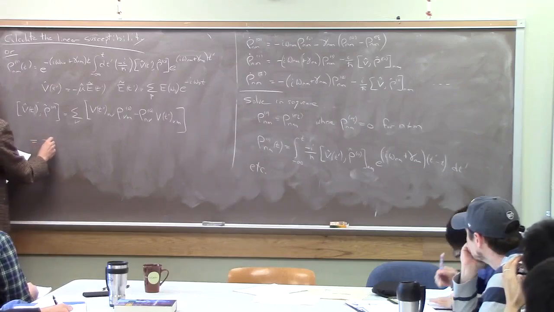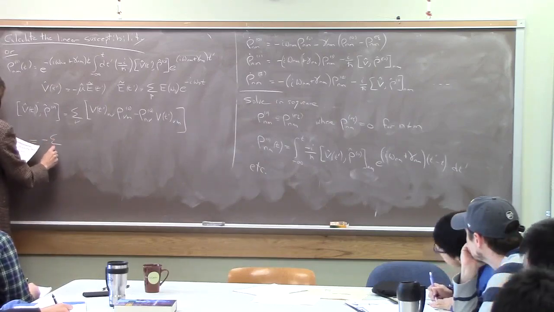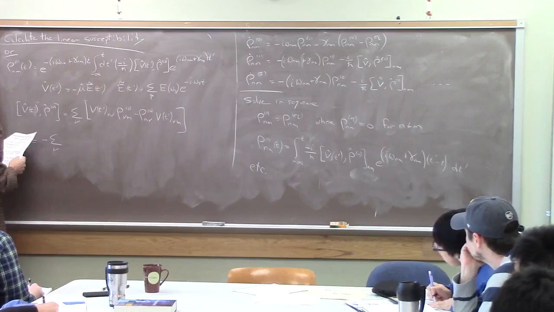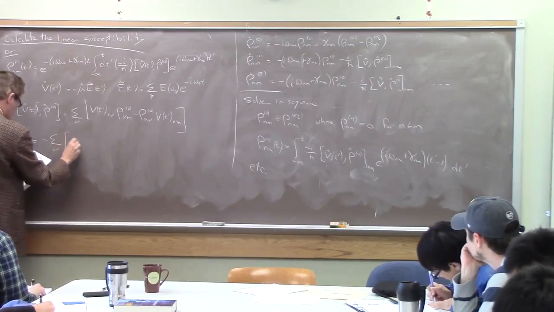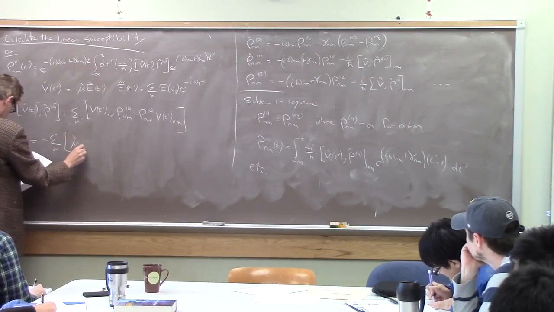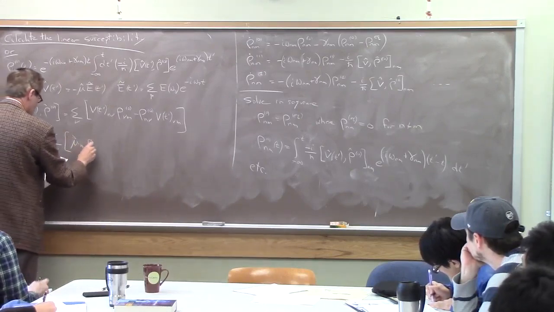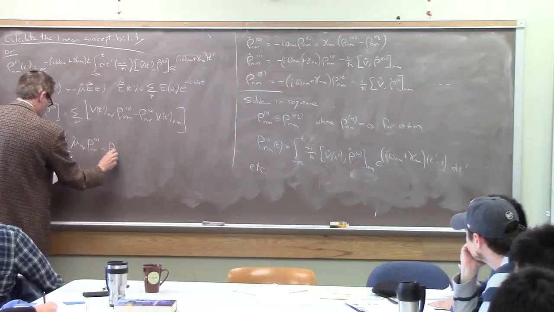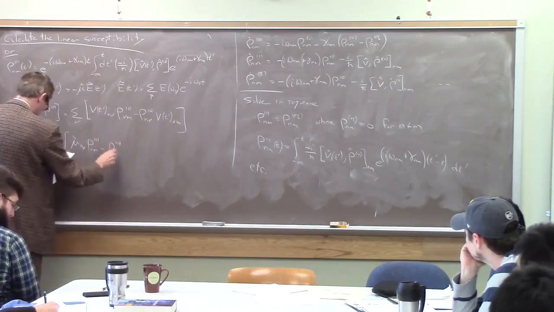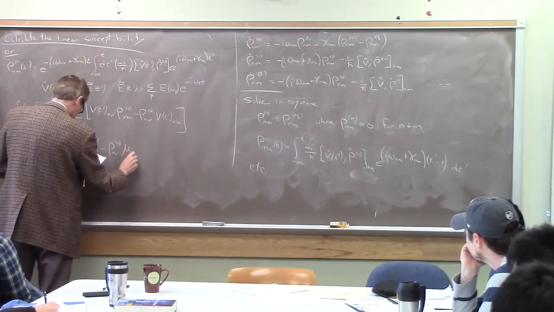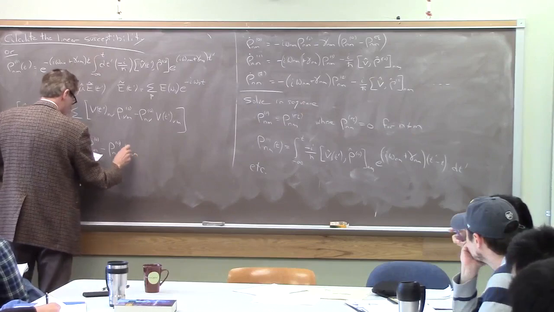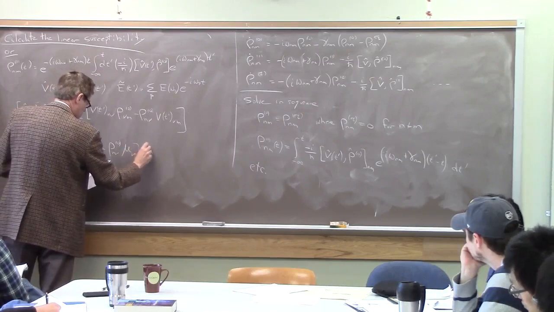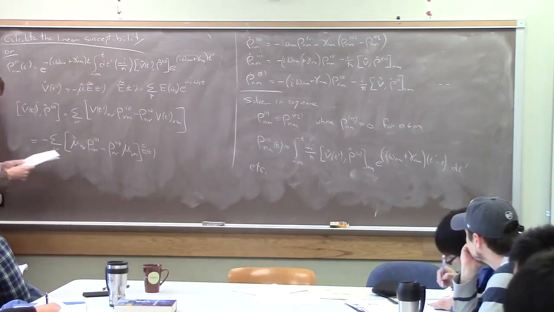And we find that this is equal to minus the sum over nu, minus sign from here, minus the sum over nu of mu n nu, rho nu m 0 minus rho n nu 0, mu nu m, times e of t.